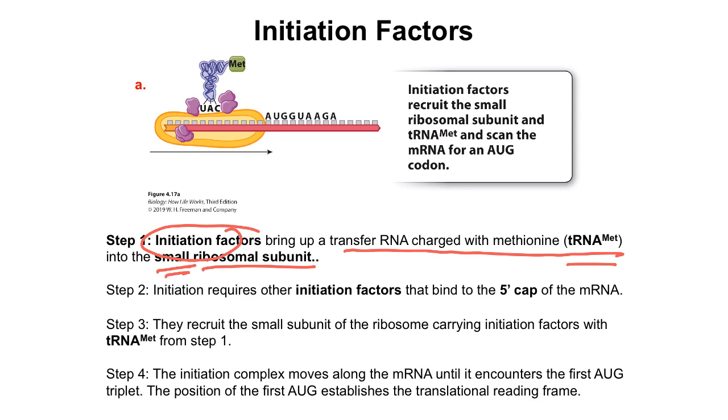That's step number one. Step number two is the messenger RNA. We're using the eukaryotic mRNA here as an example.